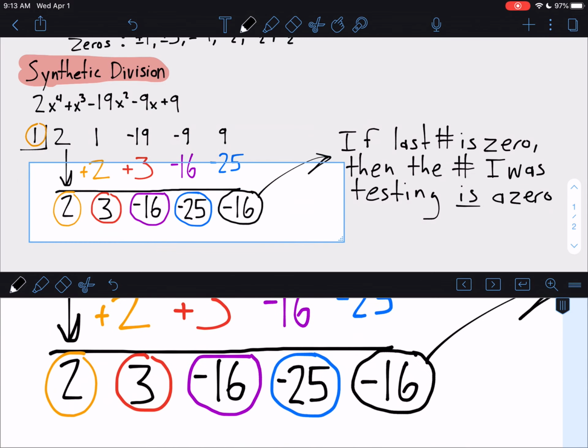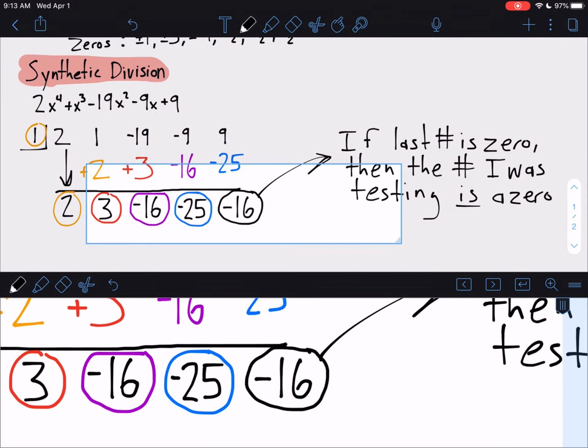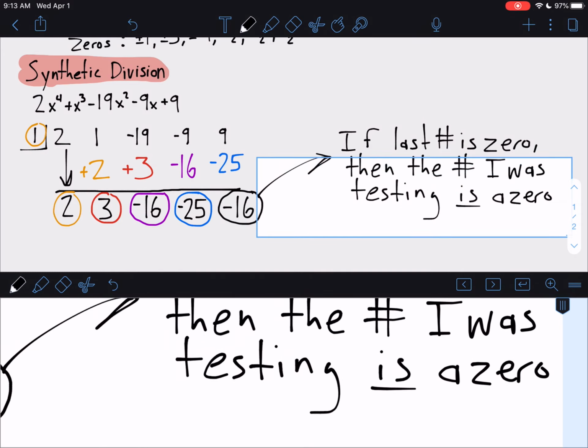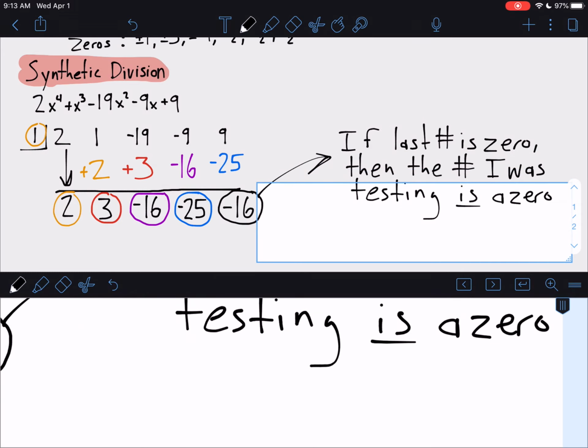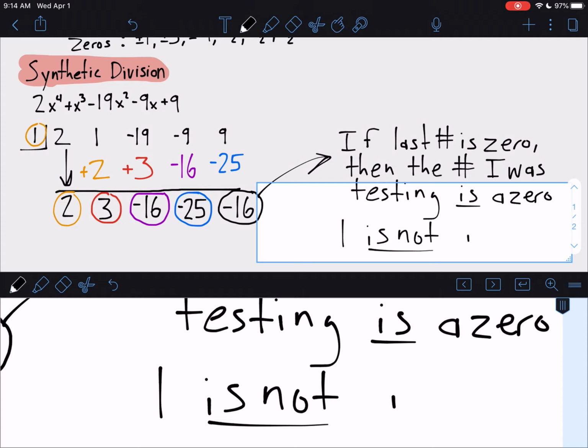So that means if that negative 16 had been a 0 instead, 1 would have been one of the 4 zeros of this polynomial. But unfortunately it wasn't, so I'm going to say 1 is not a 0.